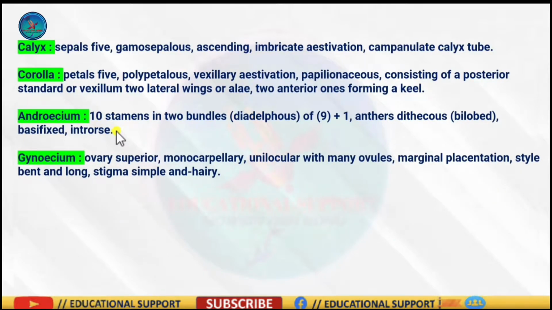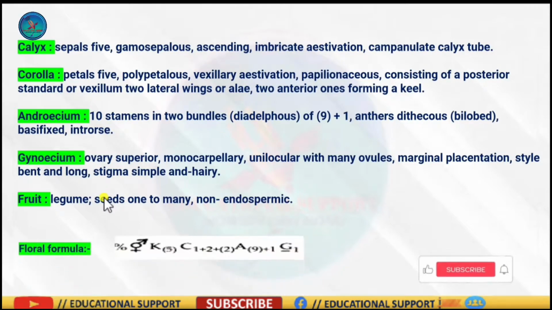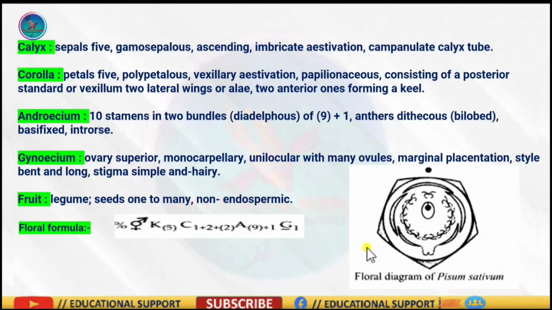Androecium consists of 10 stamens that are diadelphous with dithecous anthers, and gynoecium is monocarpellary with a superior ovary which is unilocular with marginal placentation. The fruit is a legume pod with non-endospermic seeds. This is the floral formula and this is the floral diagram, you can see it.